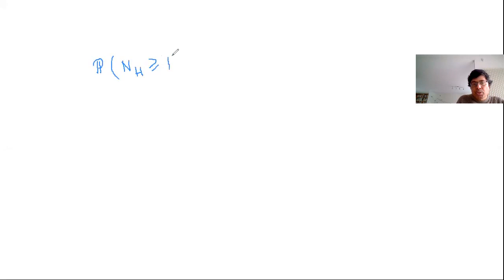And we want to show that in a given parameter range, this probability is close to 1. But this is just 1 minus the probability that the number of copies is 0. And so what we are going to do is try and show that the probability that there are no copies of H in the random graph GNP is tending to 0. So we want an upper bound on this probability.